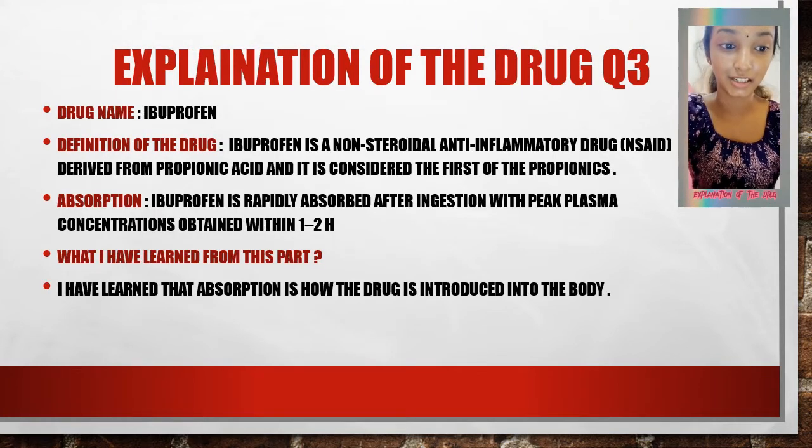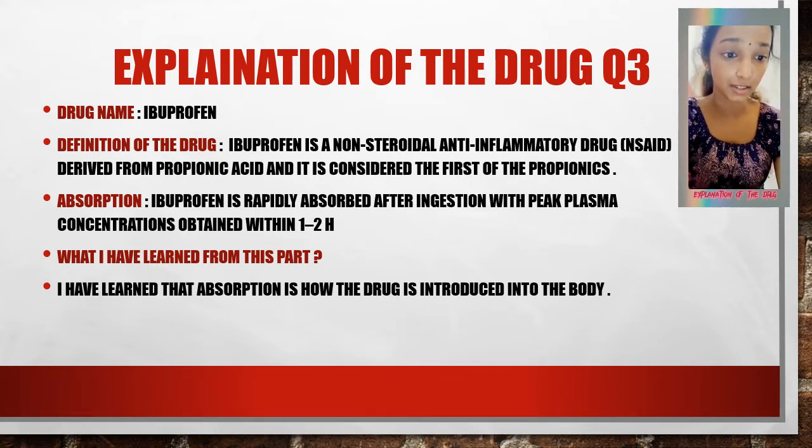Explanation of the drug for absorption will be, drug name is ibuprofen. Definition of the drug: ibuprofen is a non-steroidal anti-inflammatory drug, which is NSAID, derived from propionic acid, and it is considered the first of the propionics.